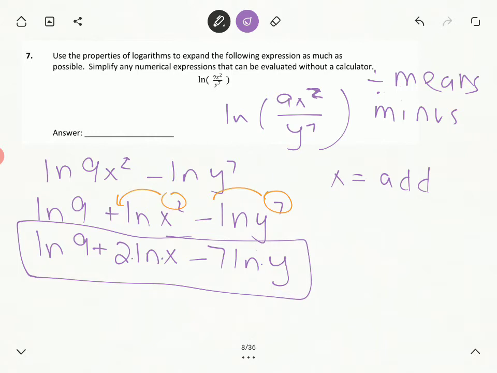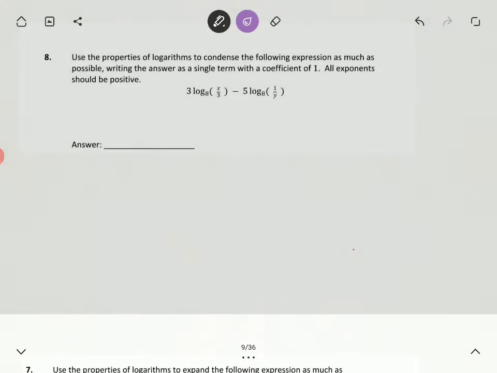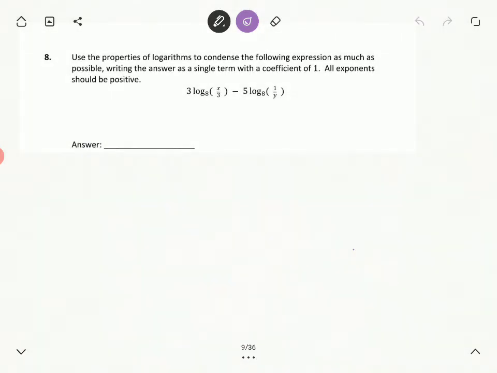We've got log base 8 of x over 3, and then over log base 8 of, because they have the same base, 1 over y. We're going to take these guys right here, and we're going to make those into exponents instead. So the 3 is going to be up here, and the 5 is going to be up here.